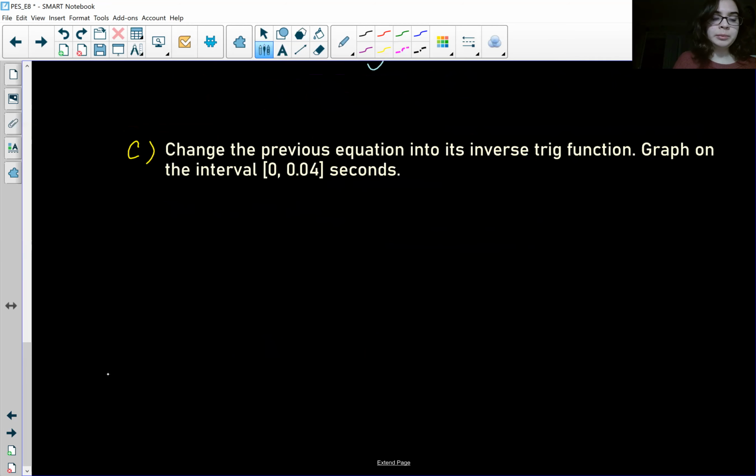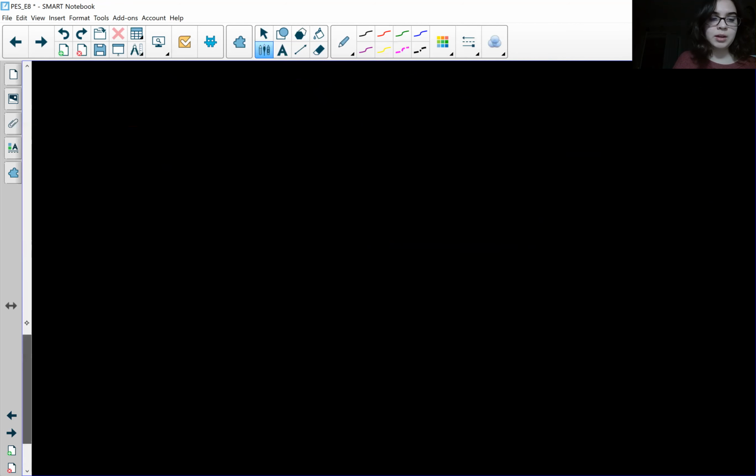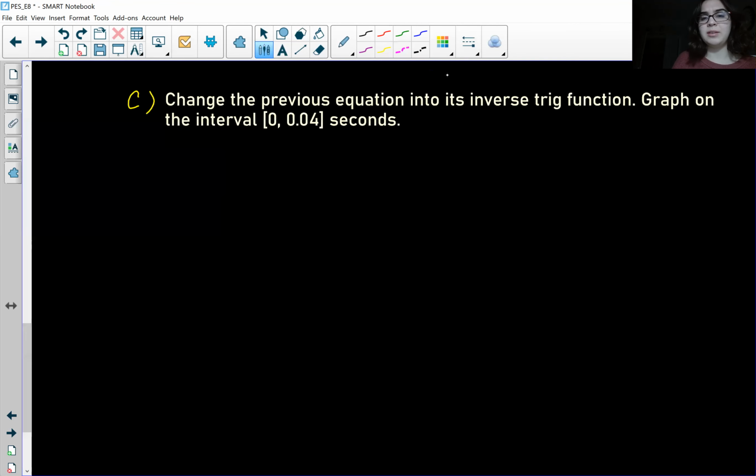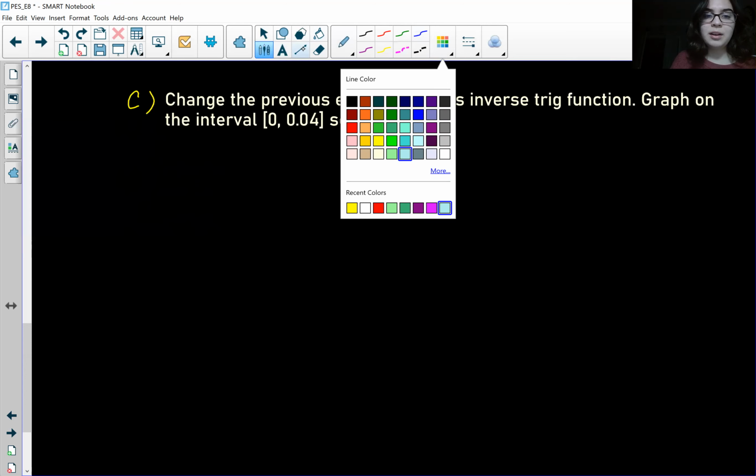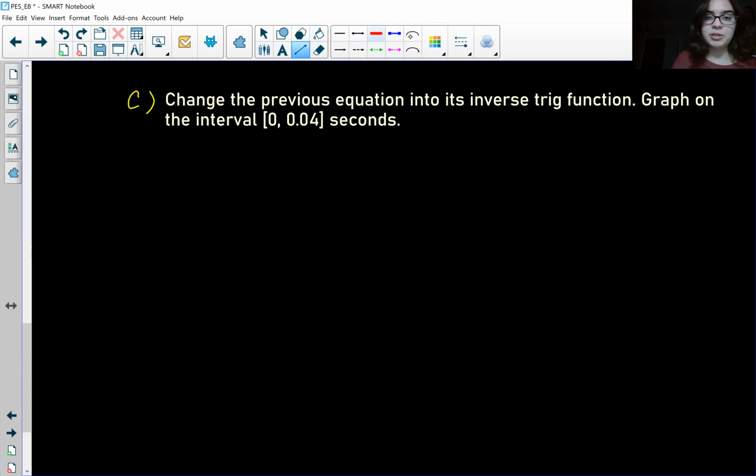Okie doke. So part C is probably the hardest part of this question, but I don't think it's any worse than the graph we did in the last question, so hopefully that's reassuring. Let me start by creating a little graph here.